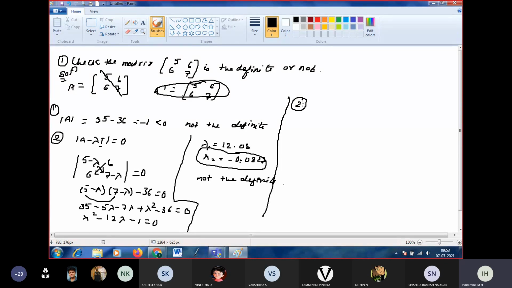Second one, check whether the matrix A is equal to 6, 5, 5, 6 is positive definite or not. This is the homework problem I am giving to you.